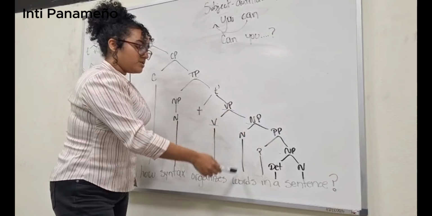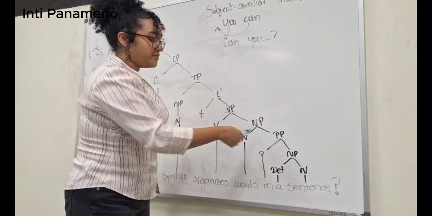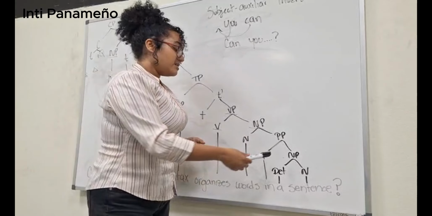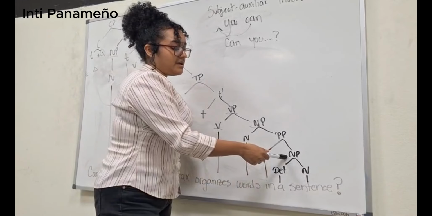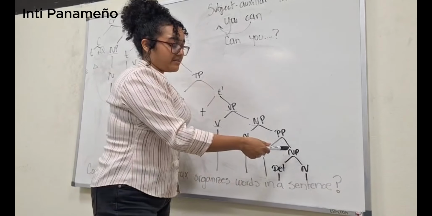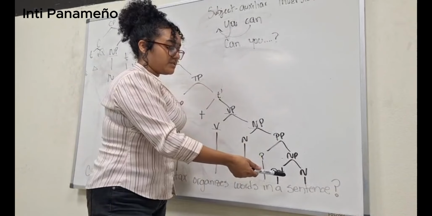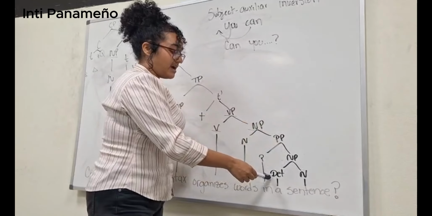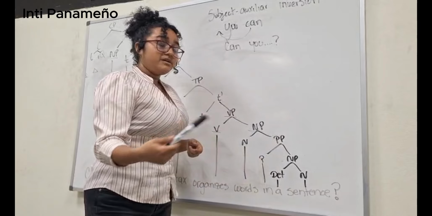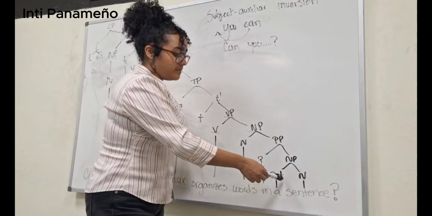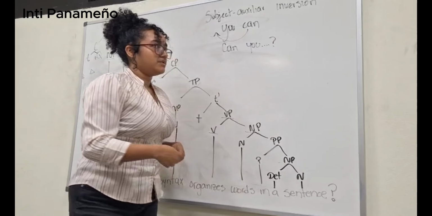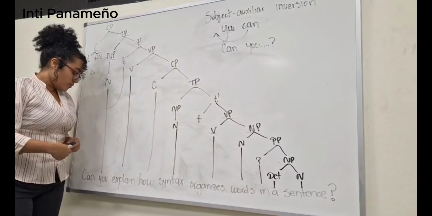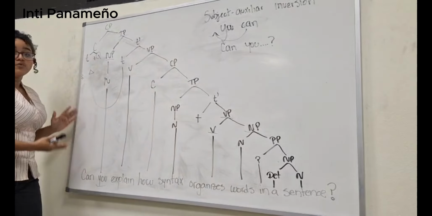So the noun is words, the preposition phrase is divided in a preposition, in this case in, and in a noun phrase, which is also divided in a determiner and in a noun. The determiner is a, and the noun is sentence. So that is the way this question works.